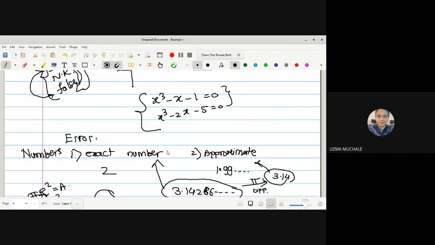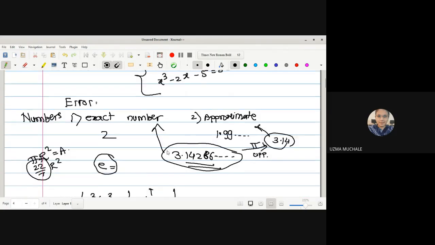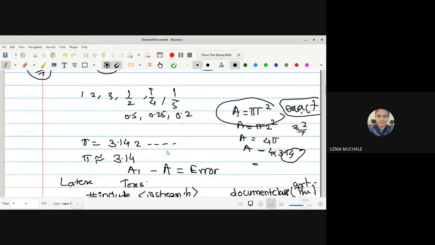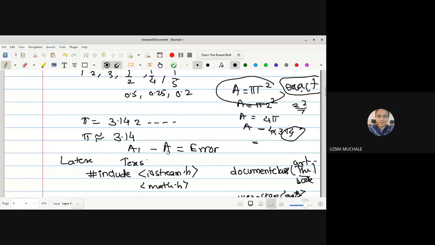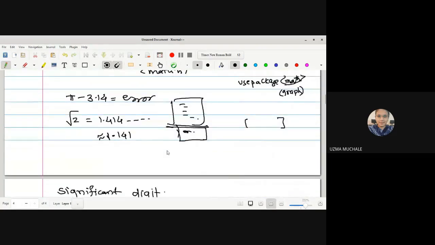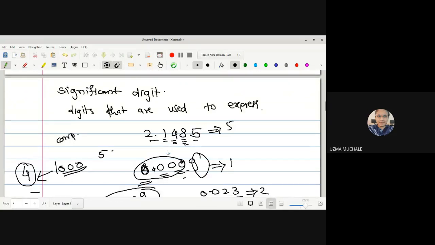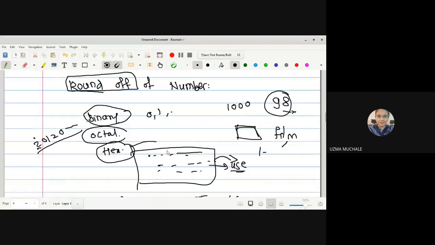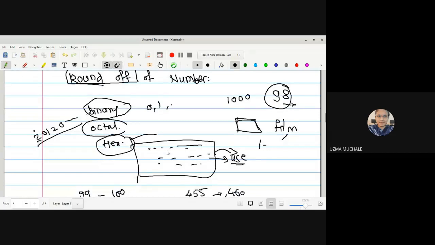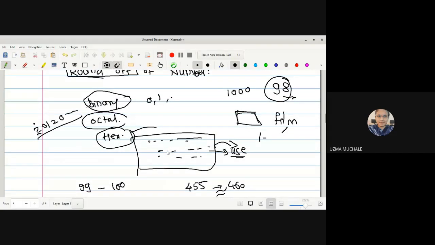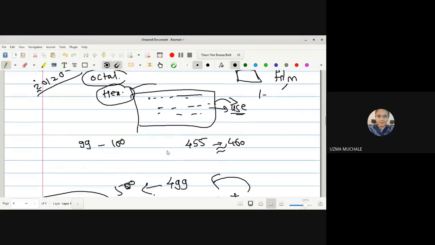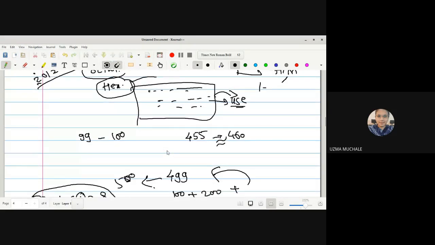Next we saw the definition of error, then what is an exact number and an approximate number, the example of pi. Next we saw significant digits, significant numbers, and rounding off of a number. Why do we round off? To store any image, any video, any number in a smaller, compact form.